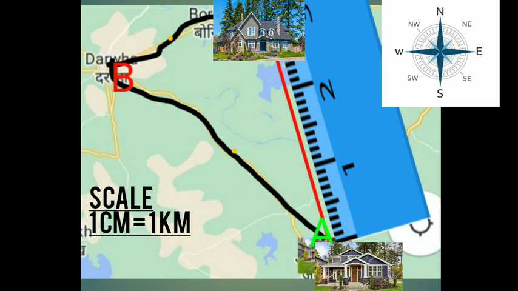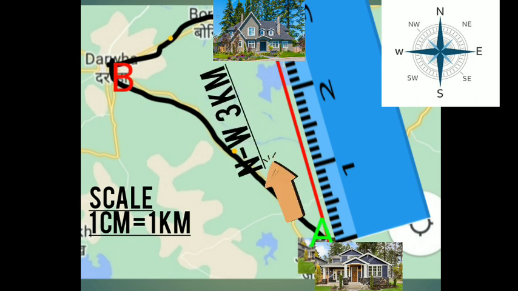Now measure the length of the line using a ruler, which is 3 cm. Let us see what the scale of the map is. It is 1 cm equal to 1 km. That means 3 cm is equal to 3 km. So the displacement from your house to your cousin's house is 3 km.